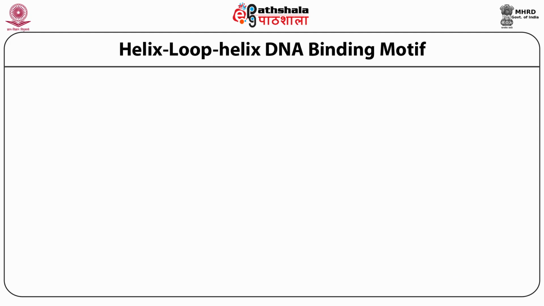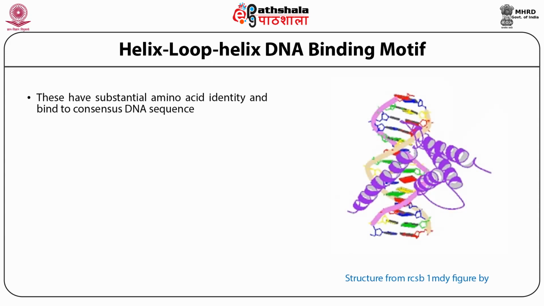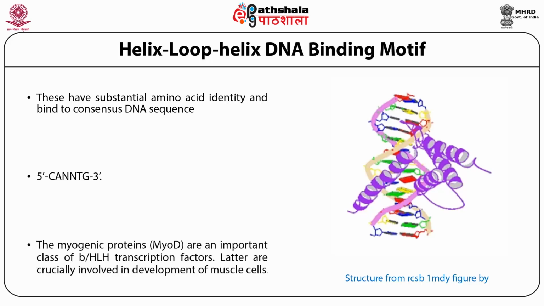Helix-loop-helix DNA binding motif. These proteins have substantial amino acid identity and they bind to a consensus DNA sequence like CA-NNTG. The myogenic proteins such as MyoD are an important class of bHLH transcription factors.